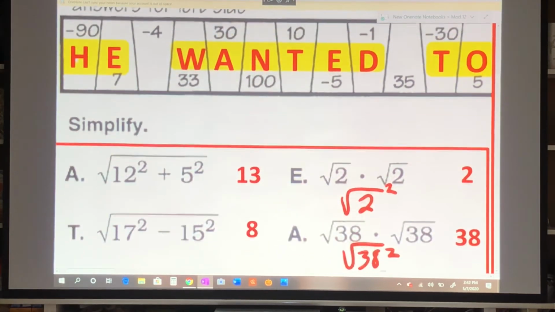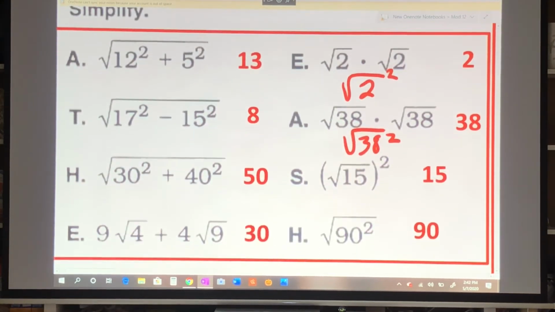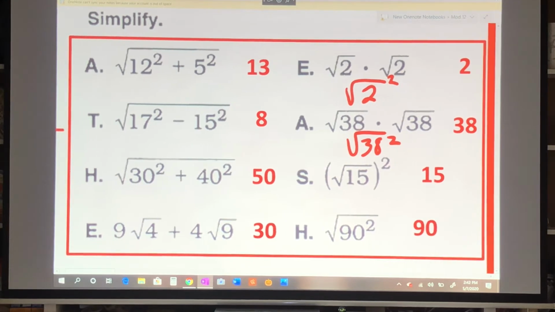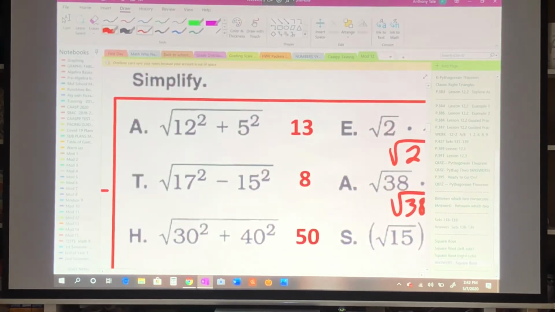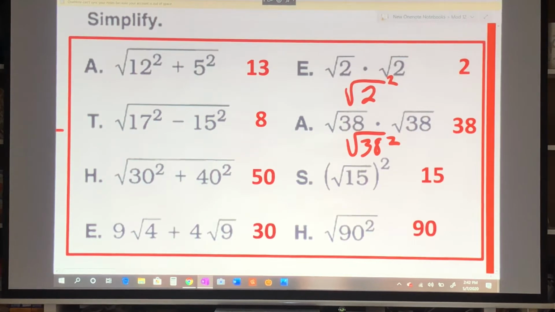Okay, let's go down here. I can't use it to write, but I can use it to point. 144 plus 25 is 169.